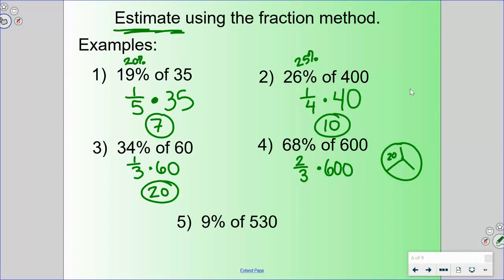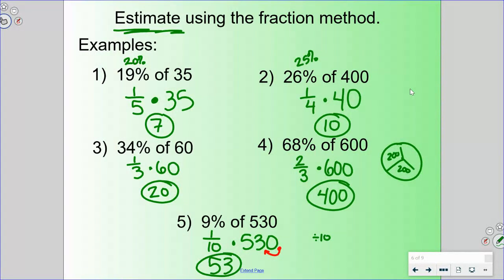If you split it up into 1/3, that's 200, but we want 2/3 of that. 2/3 of 600 is 400. And perhaps not surprising, 9%, very close to 10%, which is 1/10. And anytime you are taking 1/10 of something, it's the same as dividing it into 10 parts. So you can take your decimal place and move it over to get 53.